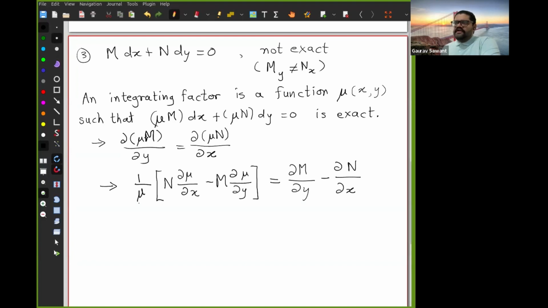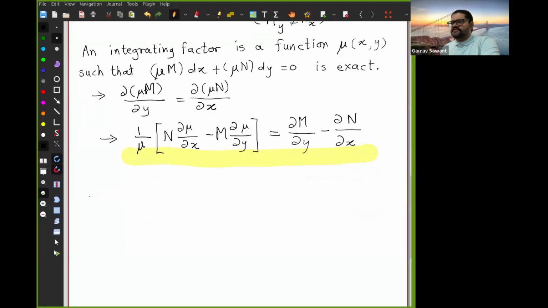So typically this integrating factor will always have this expression. Let me just put a highlight underline to this for the time being. Okay. So there are some special cases.